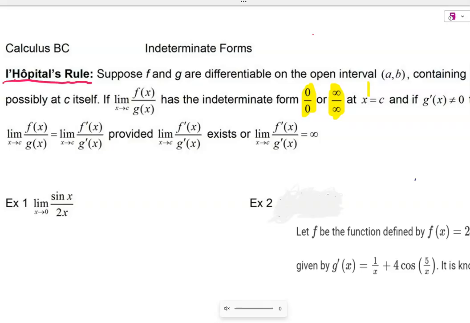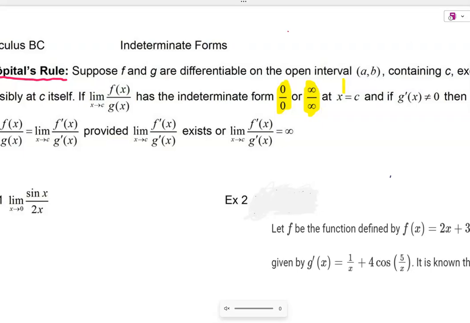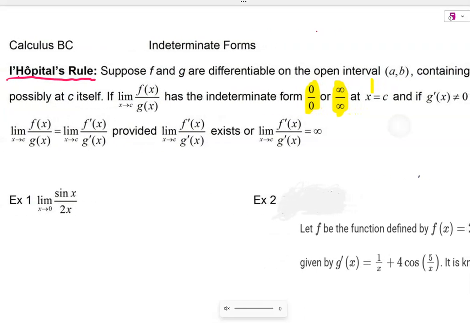Suppose f and g are differentiable on an open x interval from a to b, containing some x value c, except possibly at c itself.